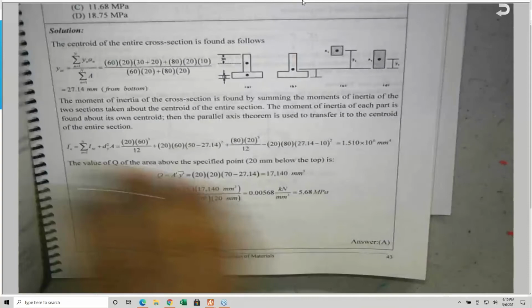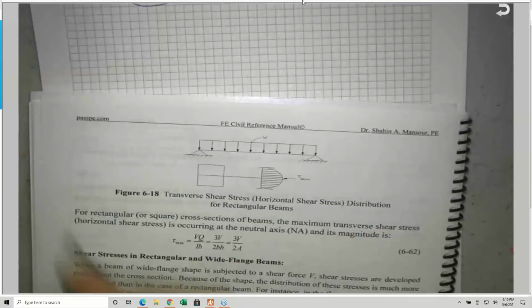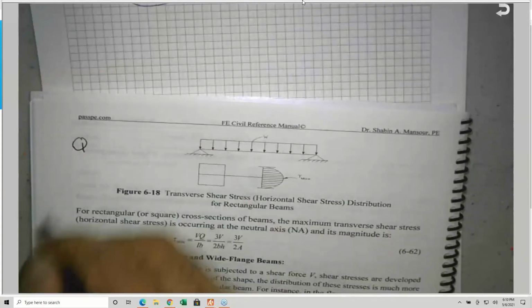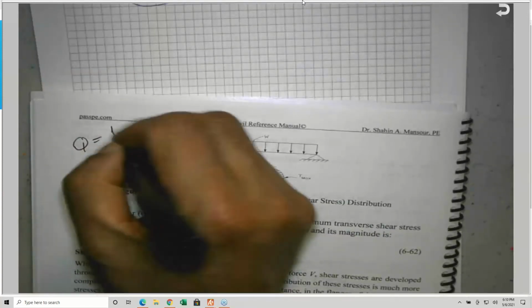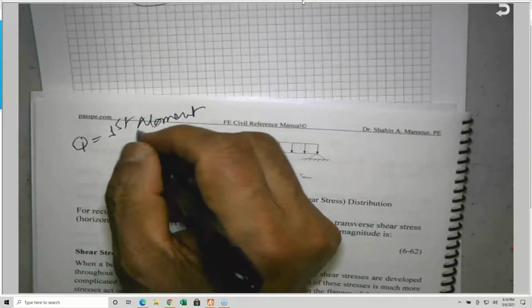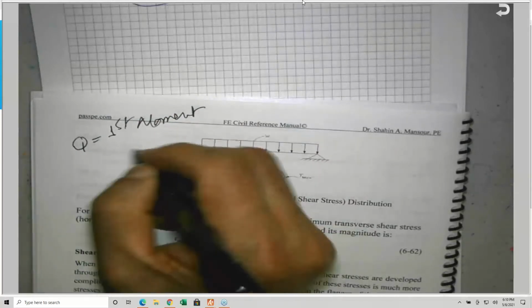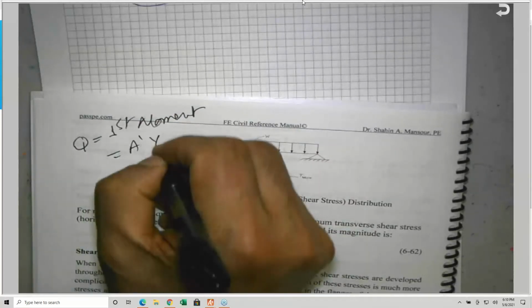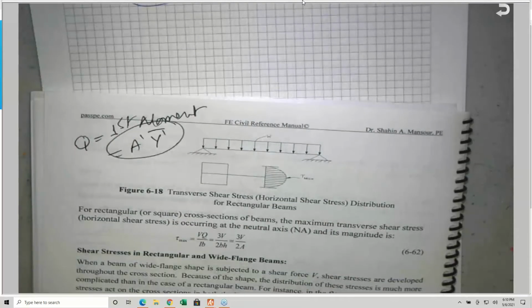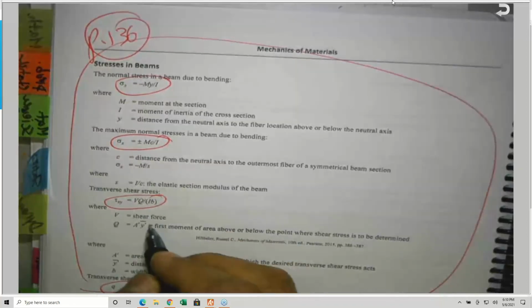Q, the uppercase Q, by the way, is the first moment of area, and it's given as A prime Y prime bar, as given in the NCEES. The first moment of area, here it is.